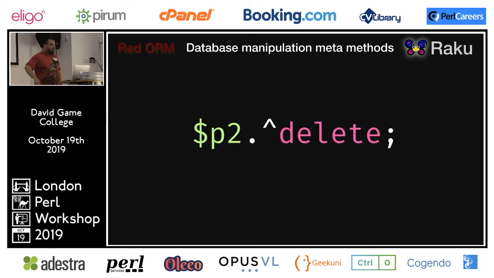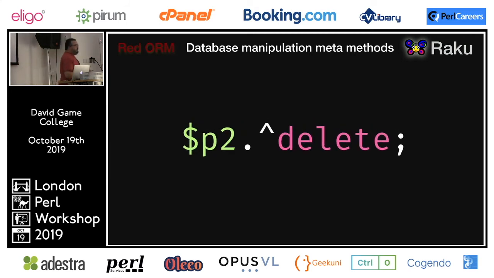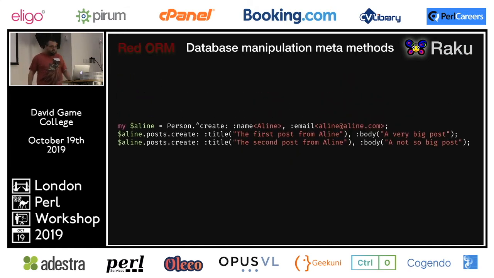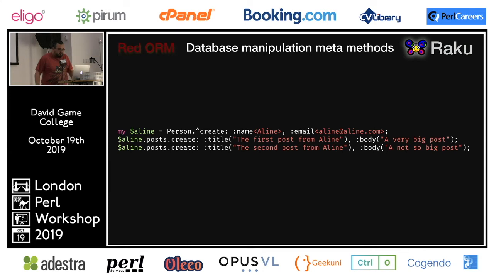And of course, after you have the object of your data, you could delete it from your database, and it would run something like this. There is some other way to use create, for example. This is creating a new person, and I don't know if you remember, but the person has a relationship with posts.